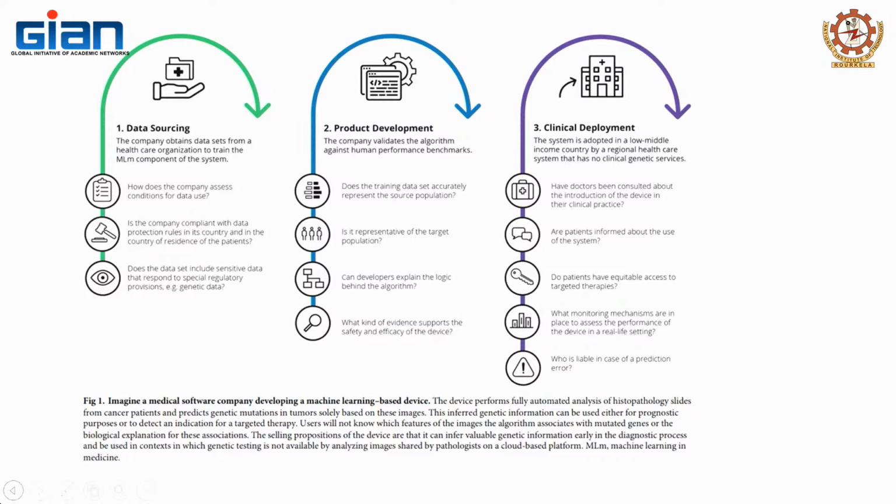Now, what monitoring mechanisms are in place to assess the performance of the device in a real life setting? One of the topics that we covered yesterday was that once a model has been deployed, you can't just forget about it.